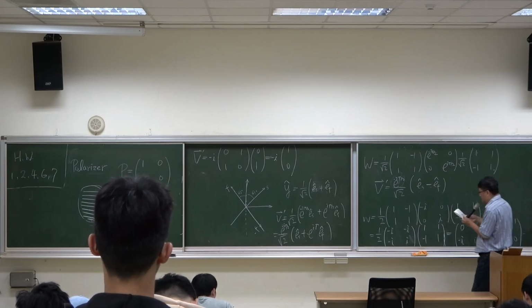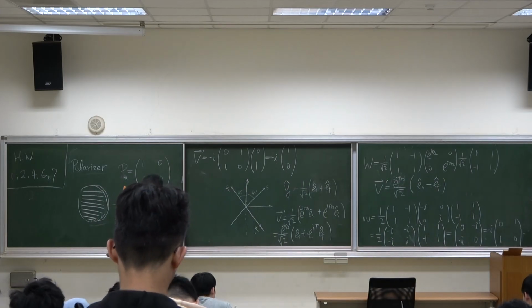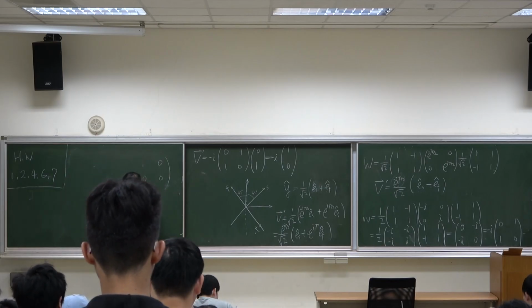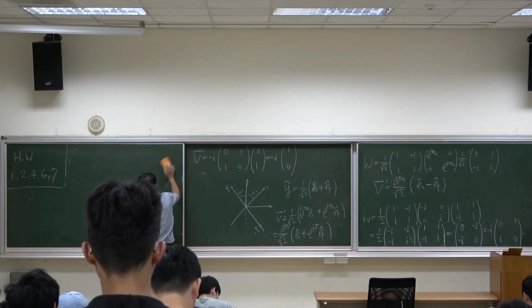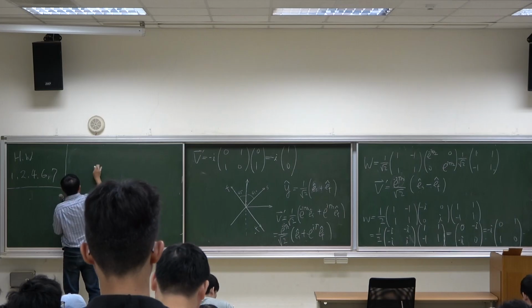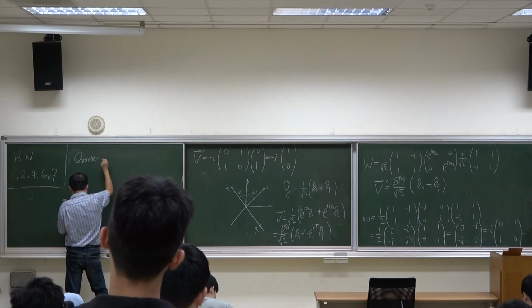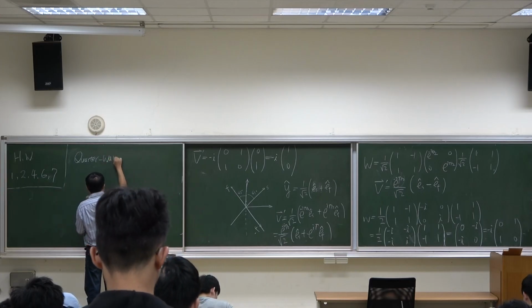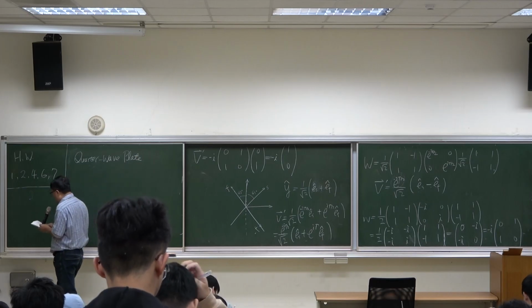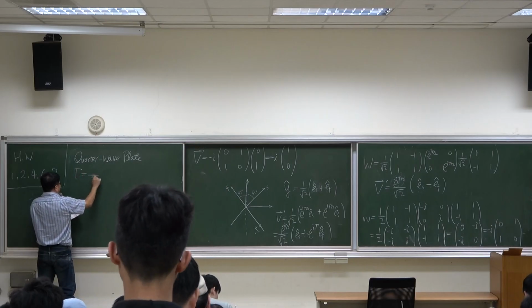And what is the effect of quarter wave plate? Now we consider quarter wave plate. A quarter wave plate means that gamma is equal to half pi.